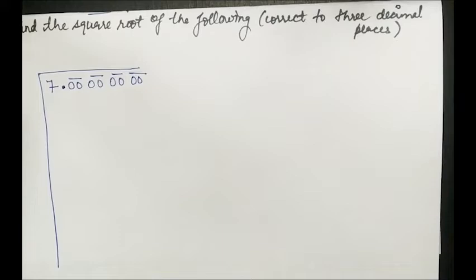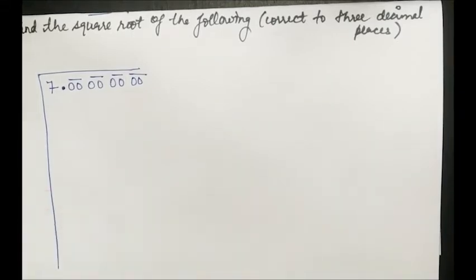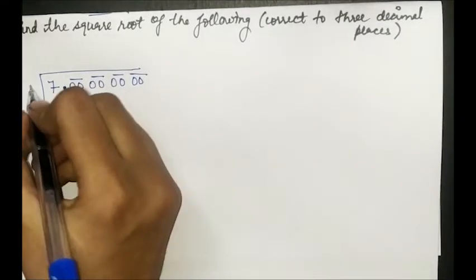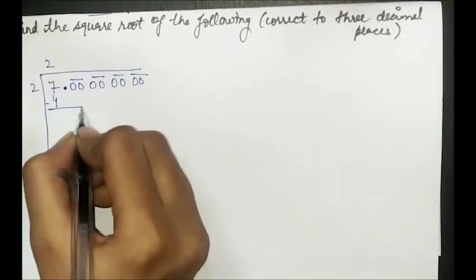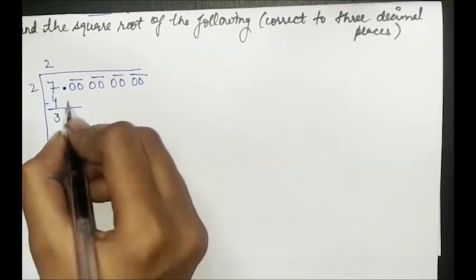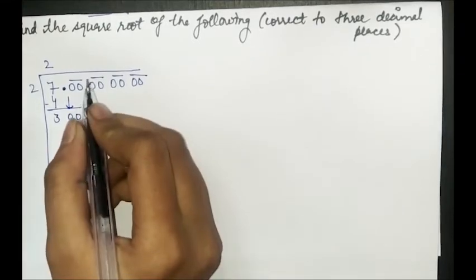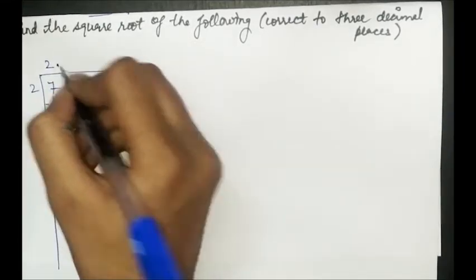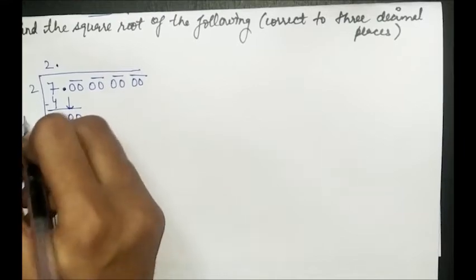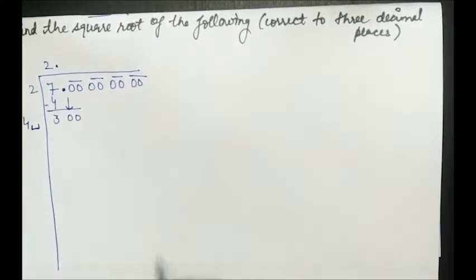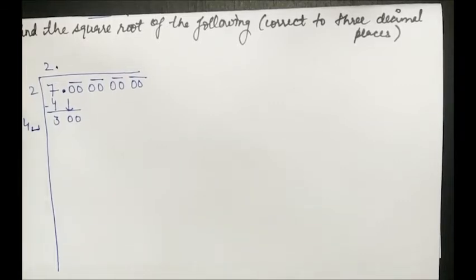So let's do this. You all know that 7 is not the square of any number, so 2 into 2 is 4. So that will be 3, and now 300, as we will have to put 00 below. So the double of 2 is 4, and then we want one number so that this will be divisible or less than this. I am not showing you how to multiply here, because that will take very long, so you can do this on your own and practice.